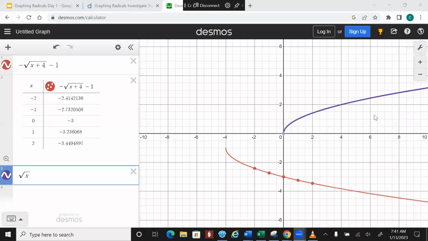Okay, so again, I'm looking for those little keywords. So you told me that it was decreasing. So we're gonna call that a reflection across the x-axis. Okay, and the reason why we're gonna have one of those is because there's that negative chilling out front. Does everybody see where I got that from? So there's going to be a reflection across the x-axis.